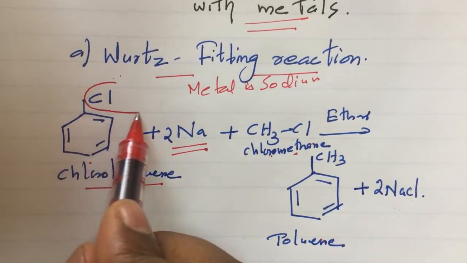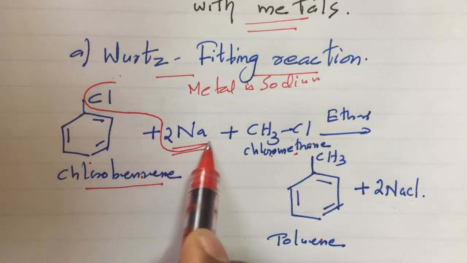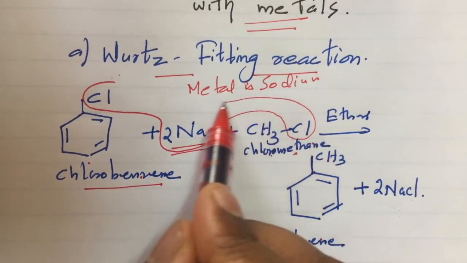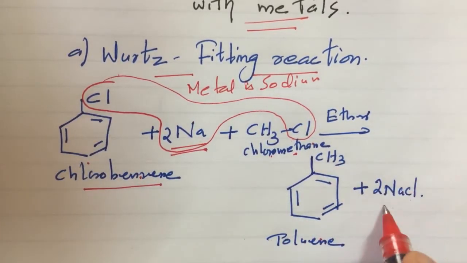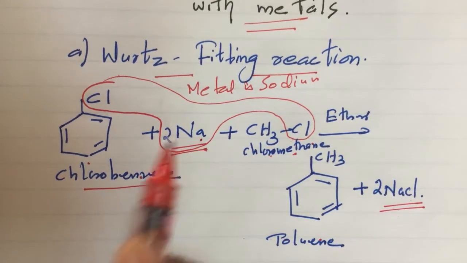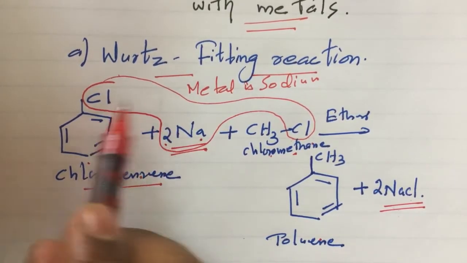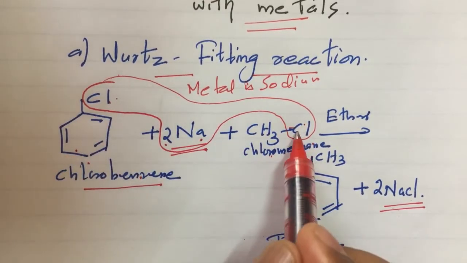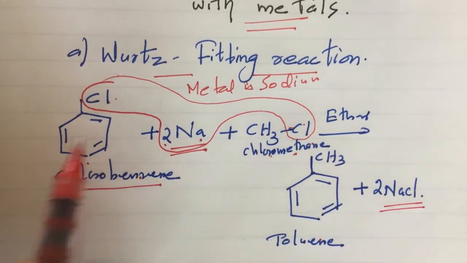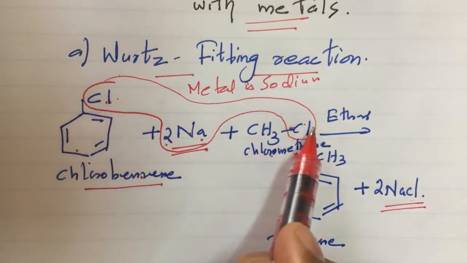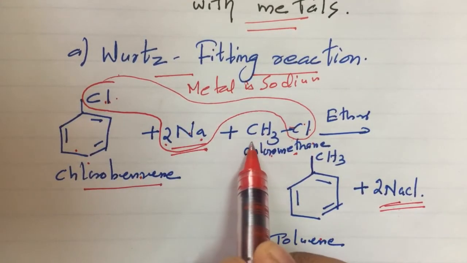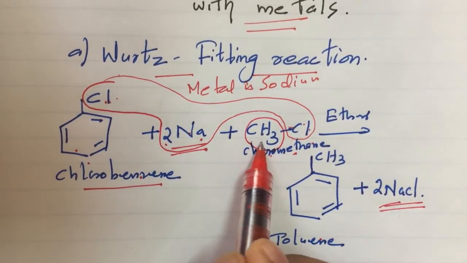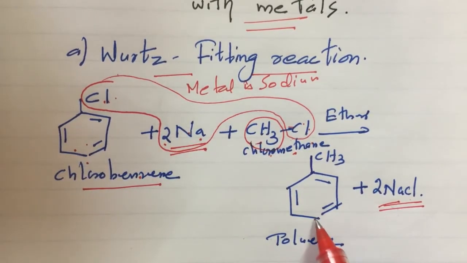Cl, then 2Na, and this Cl form 2NaCl. Why 2 here? Because there are two chlorines in the reactants: one chlorine from the haloarene, one from the alkyl halide. Now what is remaining? CH3. That CH3 will be introduced on the benzene ring and form the product toluene.